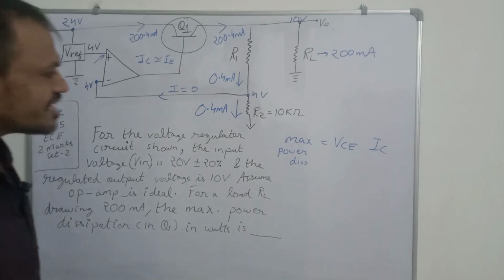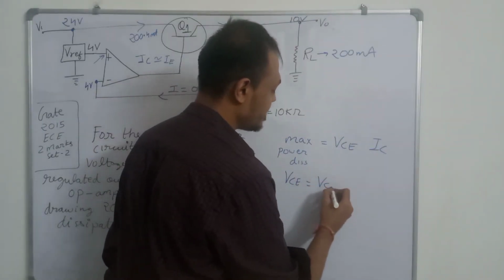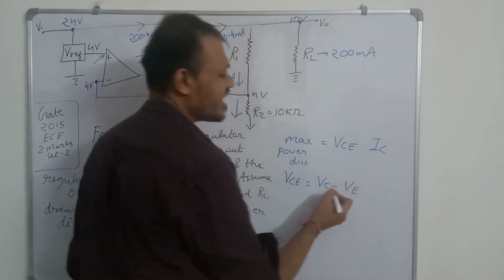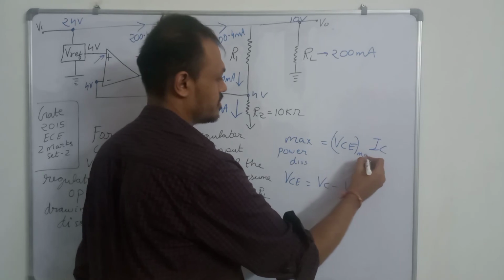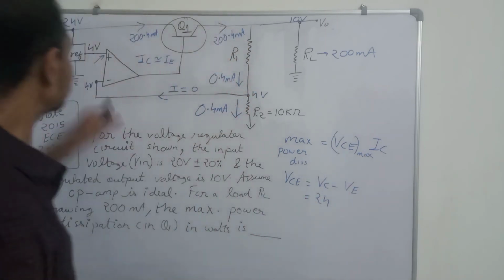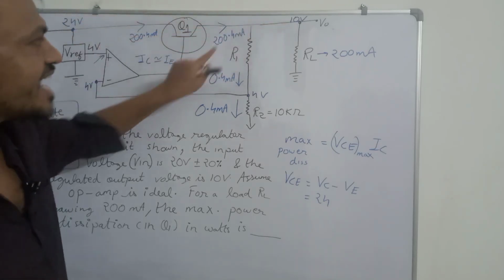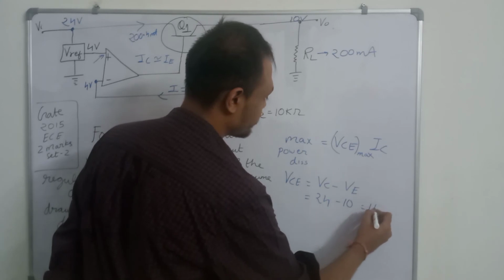So VCE will be equal to VC minus VE. VC is 24 volt and VE is 10 volt, so 24 minus 10 is equal to 14 volt.